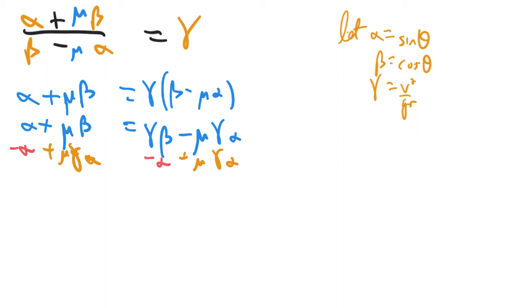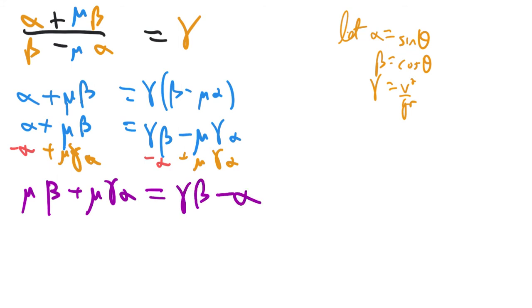And when all is said and done, we're going to end up with mu beta plus mu gamma alpha is, and then over here we're going to have gamma beta minus alpha.